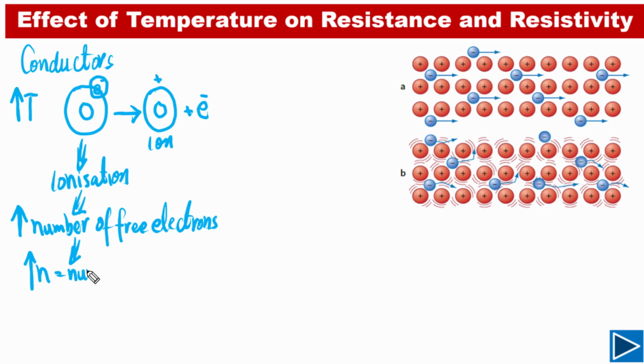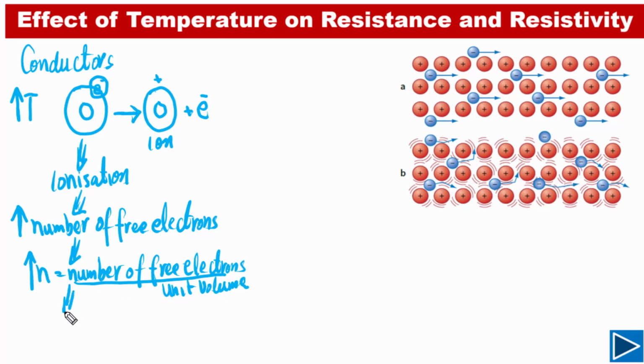N is the number of free electrons per unit volume, or simply the number density, and it increases.